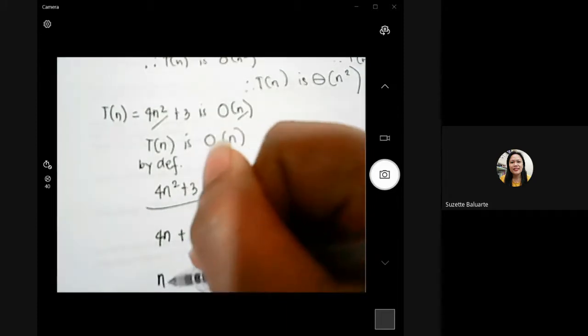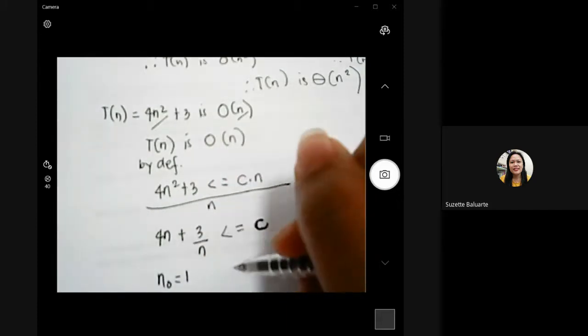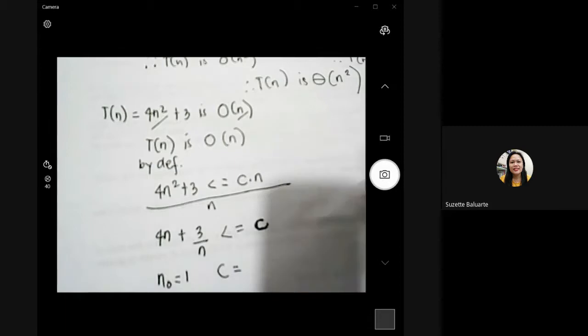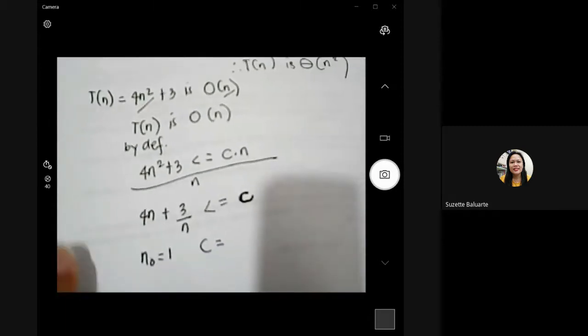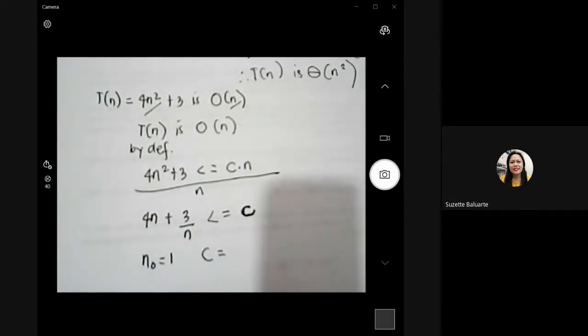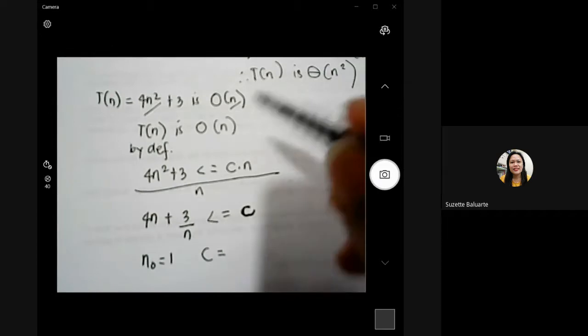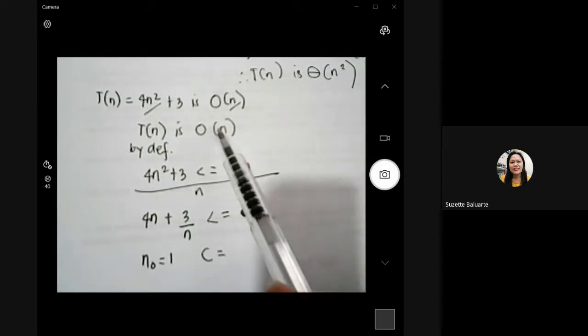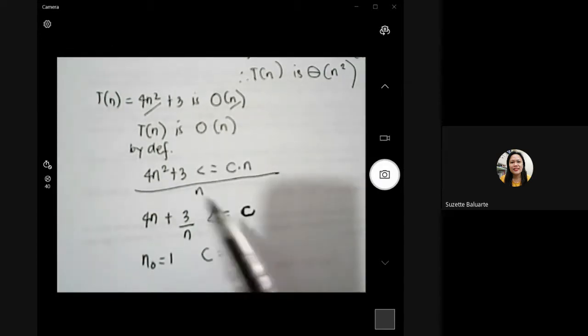If your n sub 0 is equals to 1, what is your C? 7, miss. 7? Oh, mao to, you have to take into consideration ha. Sa big O, gikan sa dako, magkagamay. Tama?